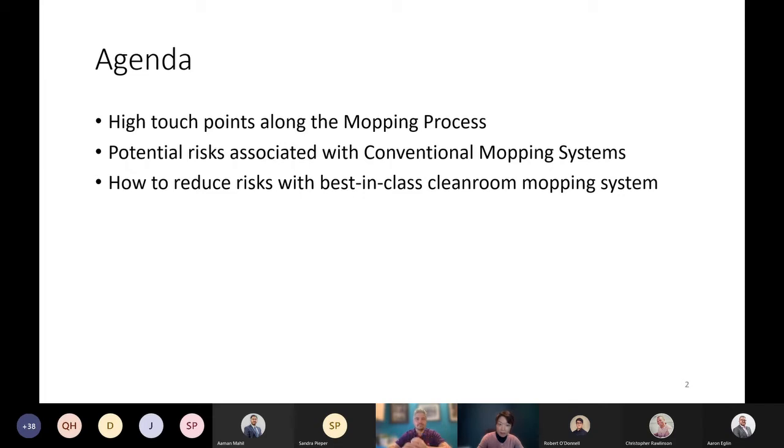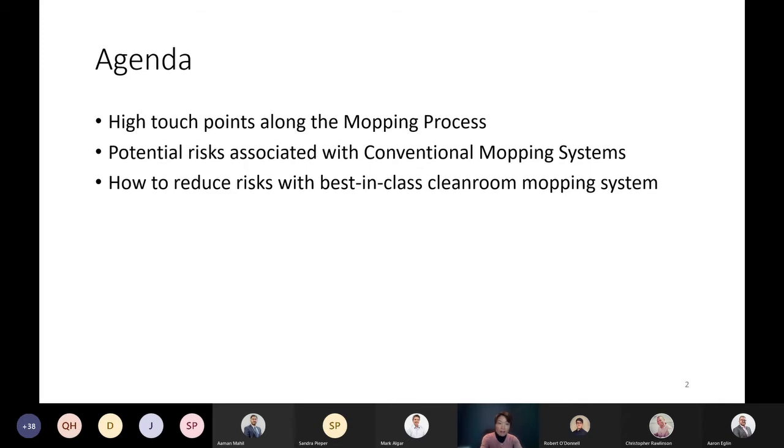Really take a very close and detailed look at the mopping system that we're using on a daily basis and understand what some of the risks associated with those existing mopping systems are. Based on that analysis, I'm going to introduce you to a new mopping system that's going to help you reduce all those risks and also introduce a best-in-class cleaning process.